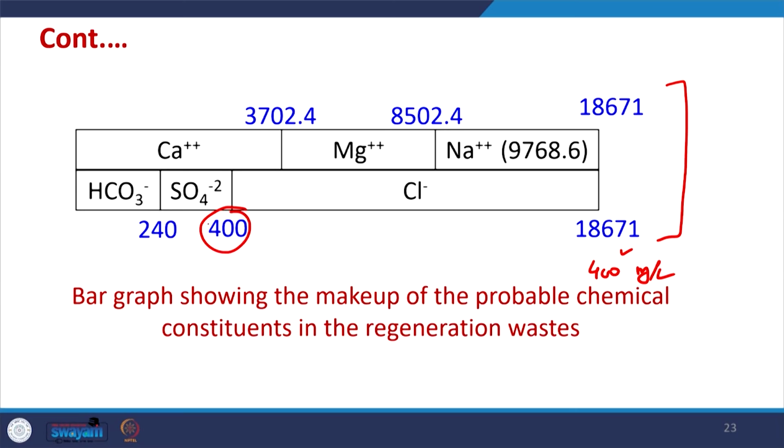Earlier only 400, and this much amount of ions have been added in the regenerated water because of the use of concentrated NaCl. So, these are the calculations that we can perform for all these types of problems.